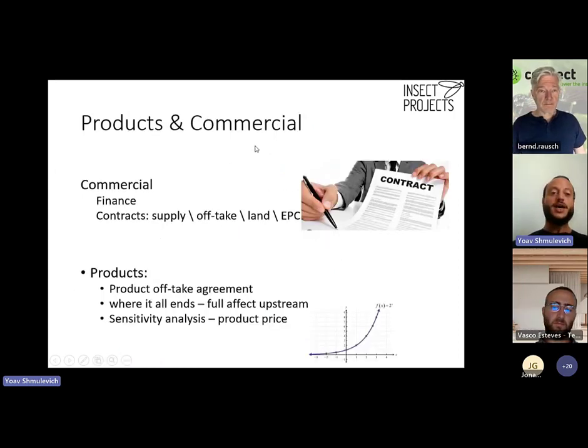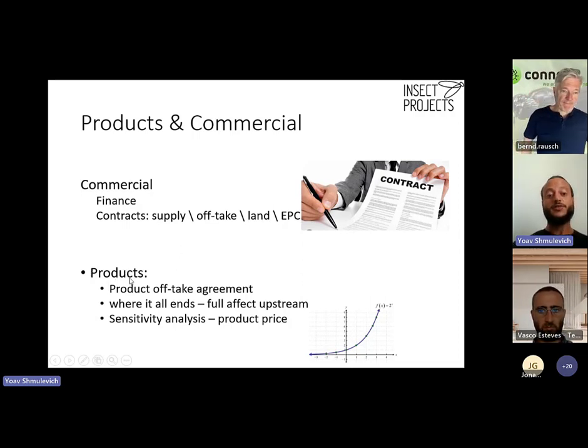Last pillar to explain is the products and the commercial aspect. So what is the commercial? The commercial is how you finance the project. It's all the contracts related to your project, your supply agreement, your offtake agreement, your lease agreement, your engineering, procurement, construction agreements. So what is the connection between products and commercials? Well, very obvious effect.